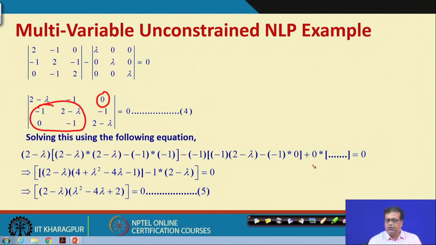So, plus 0 into dot dot dot, because minus 1 into minus 1 minus 0 into 2 minus lambda, but there is no need to write it, because anything multiplied by 0 will be 0 only, all right. When you combine them all, 2 minus lambda can be taken as common. So, 2 minus lambda into (2 minus lambda) into (2 minus lambda): it will be 4 plus lambda square minus 4 lambda minus 1, which is coming from here. So, that is minus 1.